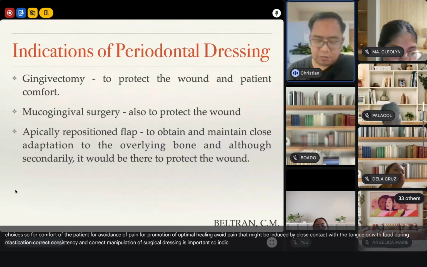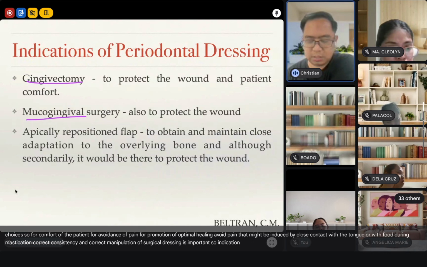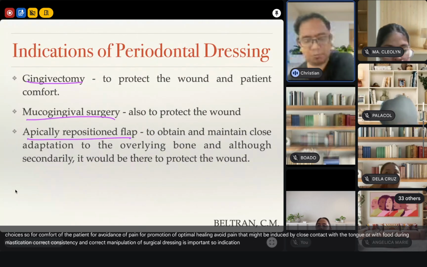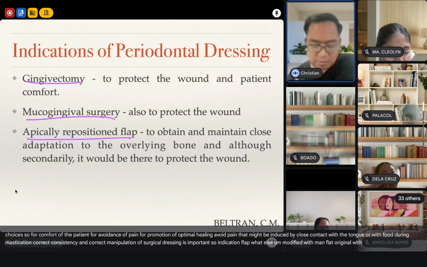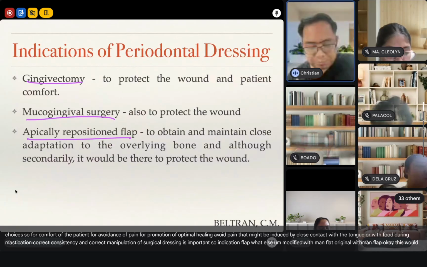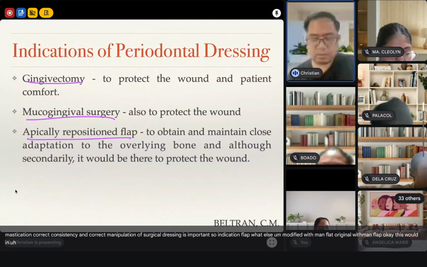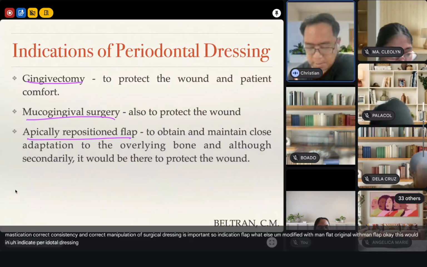So indications: gingivectomy, mucogingival surgery, apically repositioned flap, what else? Modified Widman flap, original Widman flap. This would indicate periodontal dressing application.